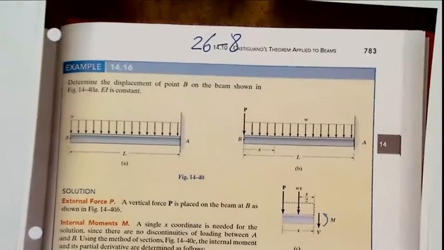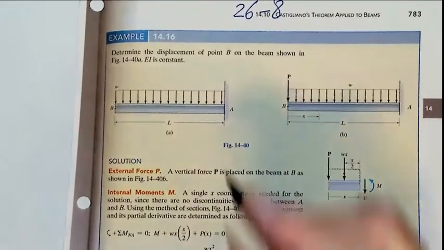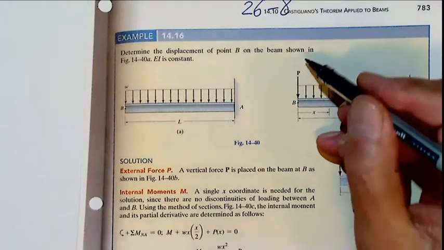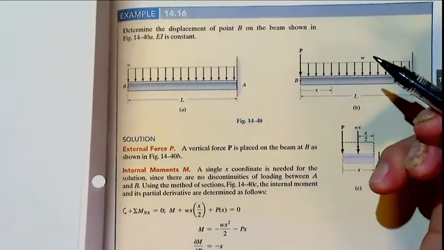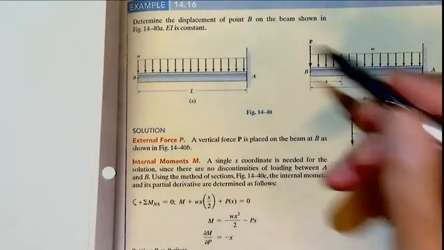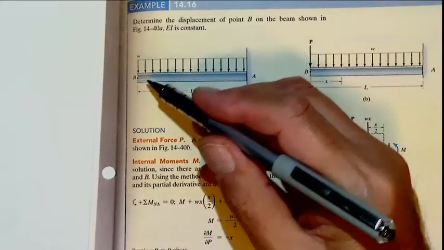Examples. Determine the displacement of point B of the beam shown here. Okay, pay attention. We do not say find the displacement and then substitute the value at x equals 0.